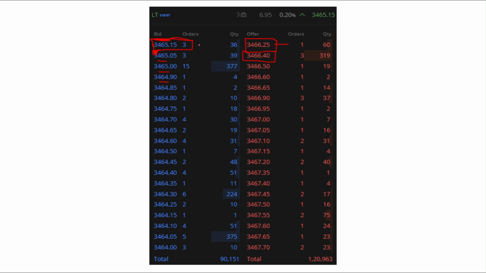So everyone will try to come into this first slot. The first slot gets executed first. So this is the best buyer, this is the best seller.